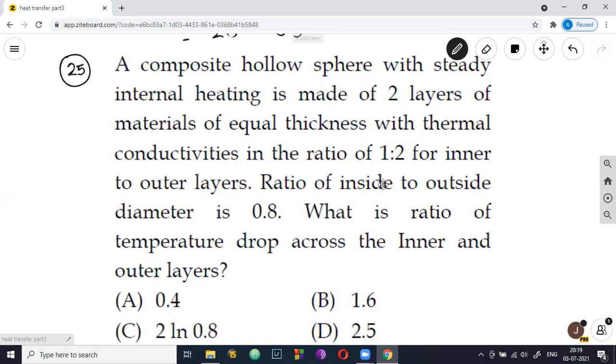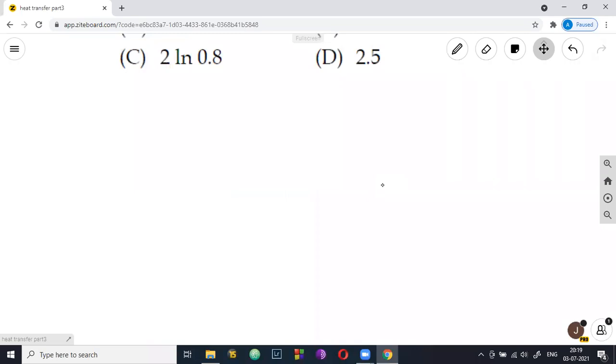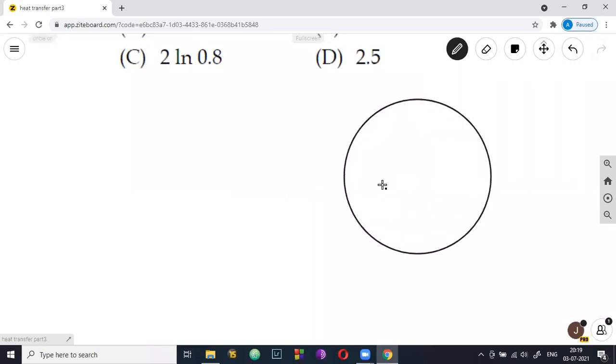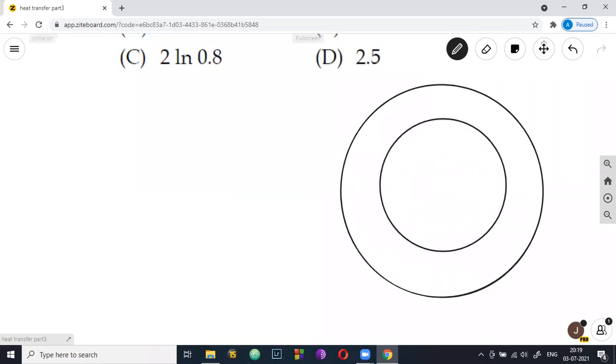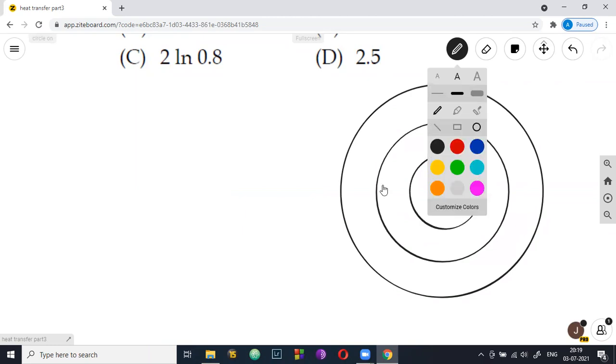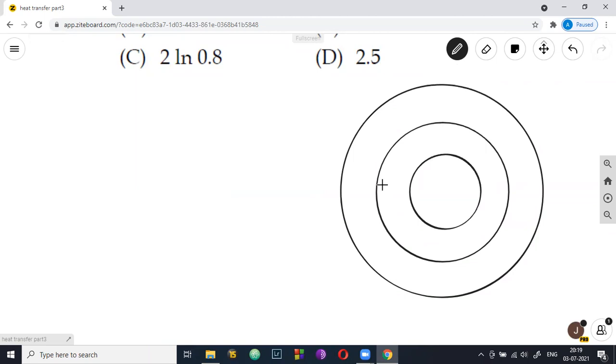So let's draw the diagram. This is your first material.